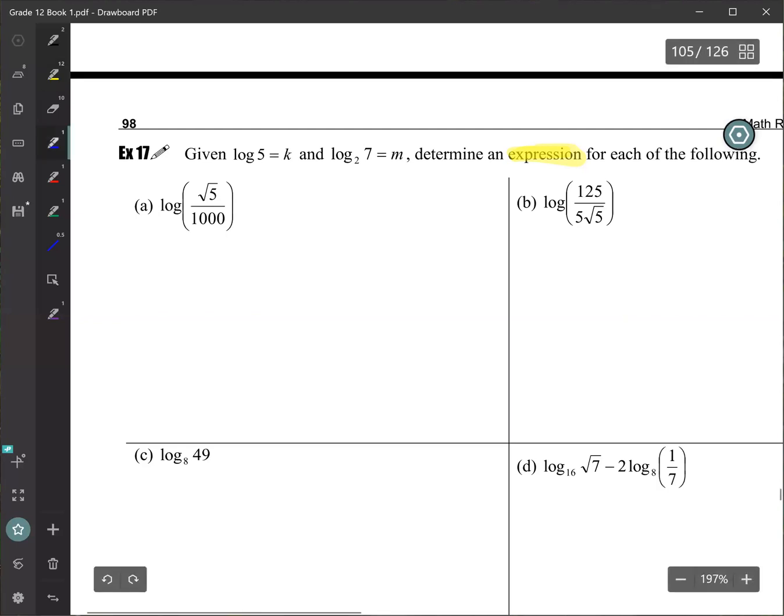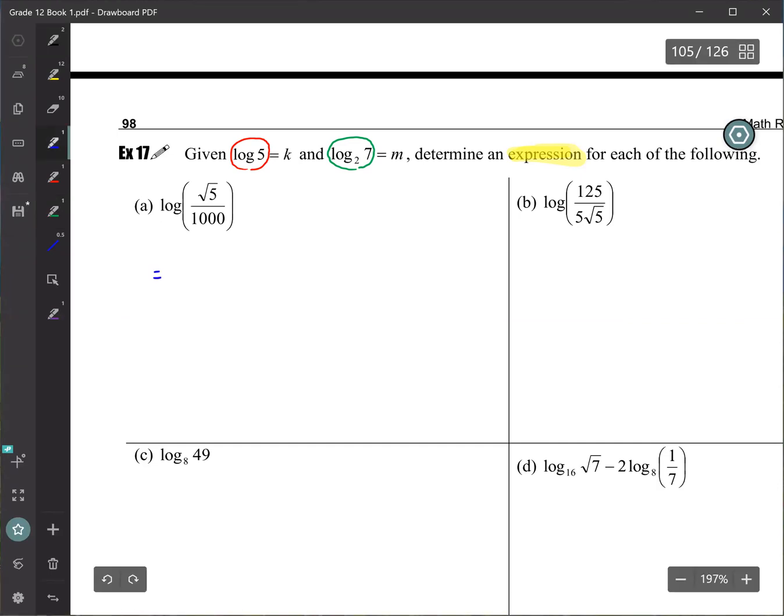So of course, you've got to break it down. You have to see the log 5, make it appear, then you can replace it with k, and then make log base 2 of 7 appear, then you can replace it with m, okay? So let's go over one question together, then you'll know what I mean.